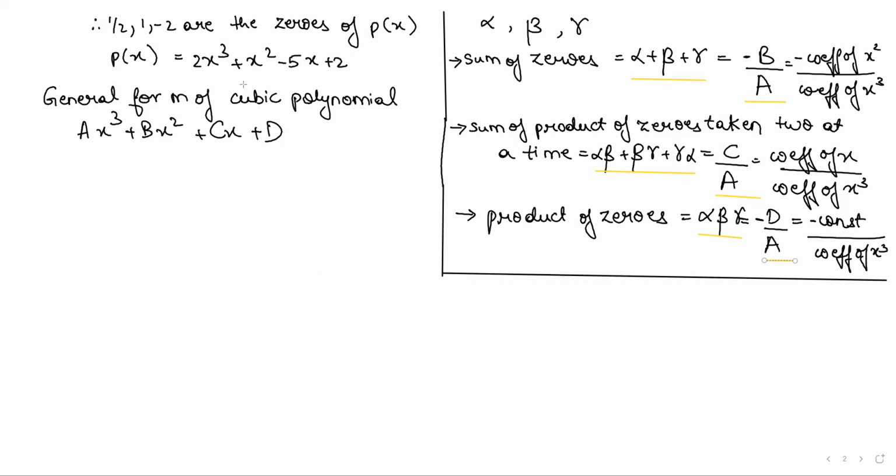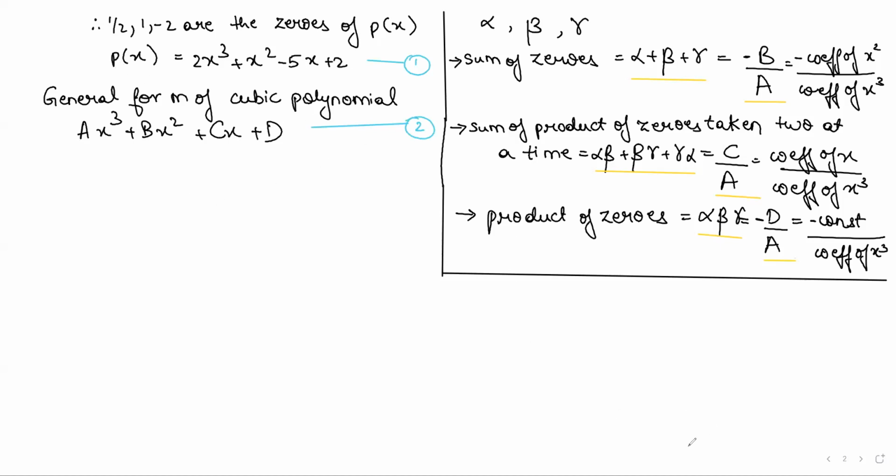Now let's understand what the values of alpha, beta, gamma and capital A, capital B, capital C are for the given values. Comparing these two equations, first and second.